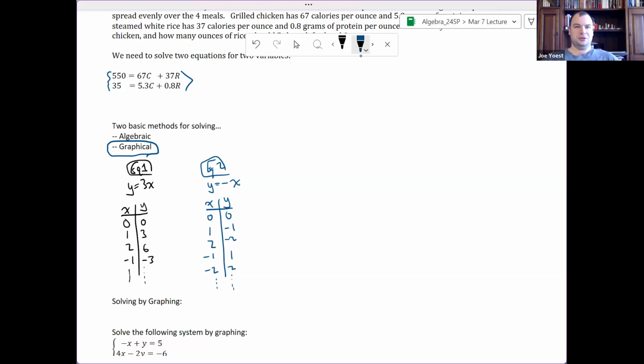I can list some solutions in a table, but only a selection of them. Something I could do instead of having a tabular representation of my relation between x and y, let's say for equation 1, is have a graphical relation.